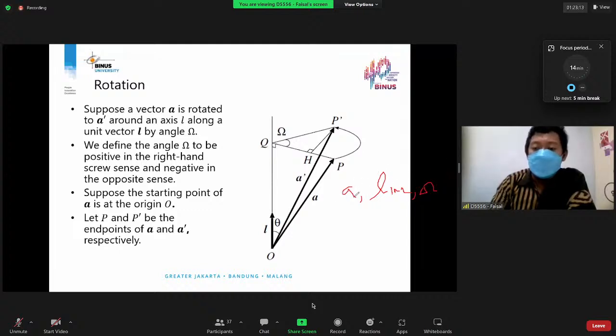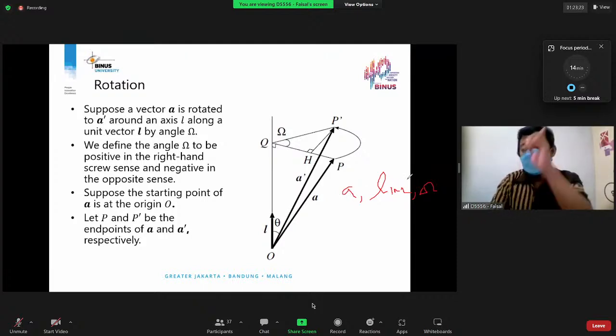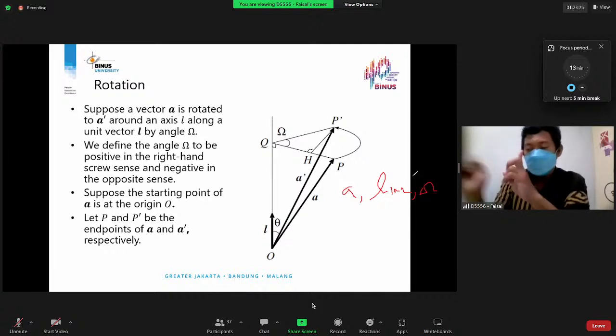Jadi kita pasti akan selalu butuh tiga ini. The vector yang mau di-rotate. Line, jadi line itu kayak apa, pusatnya, the center.